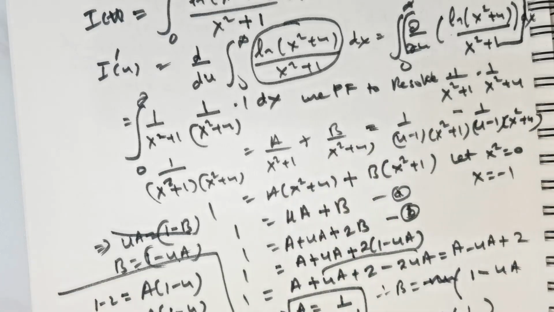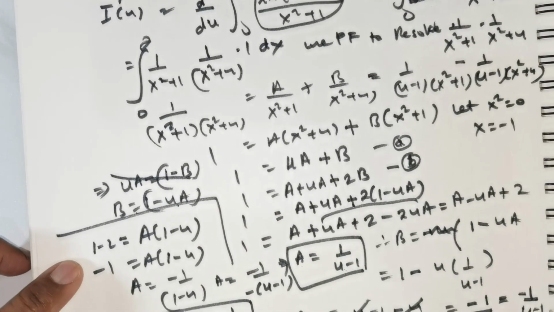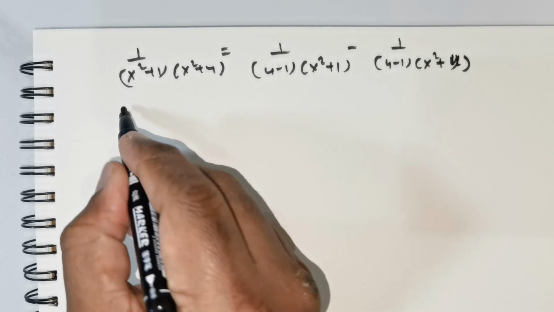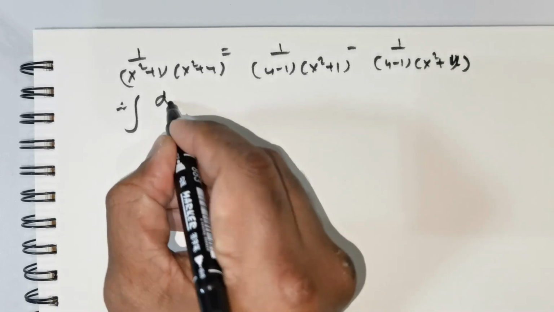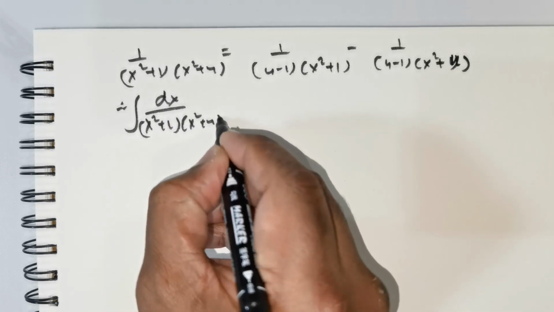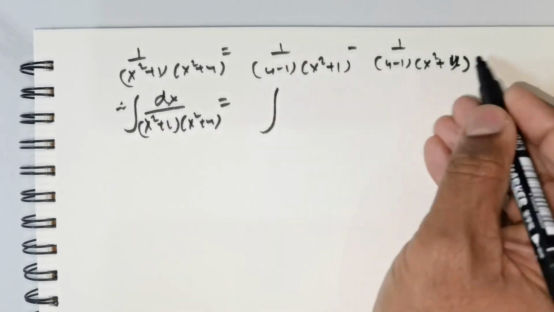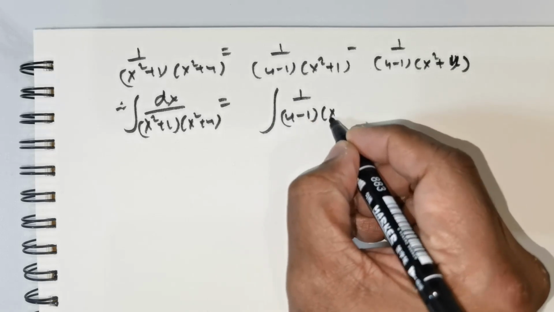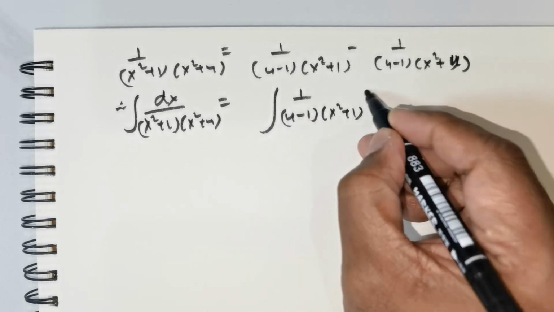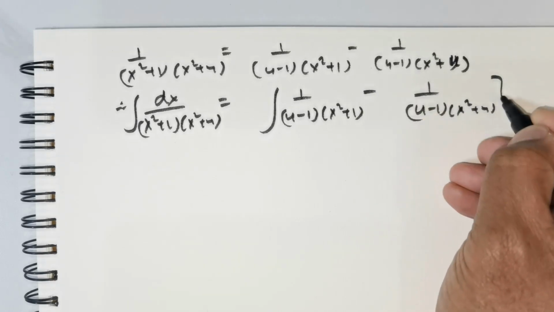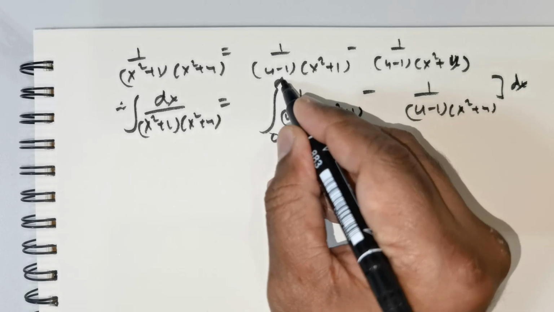So we need to now integrate this. My page has run out. I need to go to the next page. So this is the partial fraction split that we have got. Now we are expected to integrate dx over x squared plus 1 times x squared plus u. This is nothing but integrating this entire quantity: 1 over u minus 1 times x squared plus 1 followed by 1 over u minus 1 times x squared plus u, times dx. Limits are 0 to infinity.